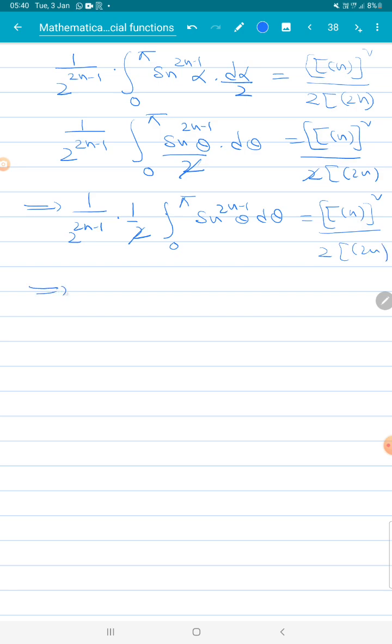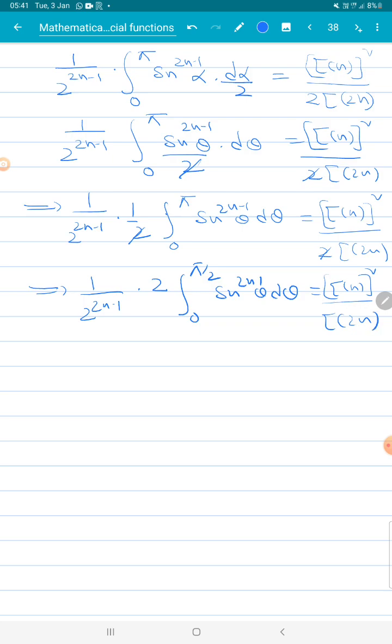So this implies that 1 by 2 to the power of 2n minus 1 into 2 times integration 0 to pi by 2 of sine to the power of 2n minus 1 theta d theta, since sine theta is an even function, is equal to gamma of n whole square by gamma of 2n.